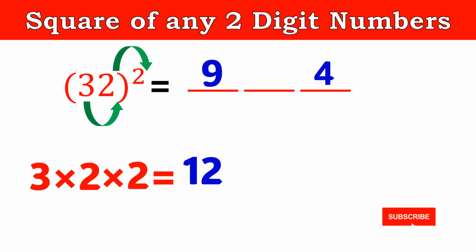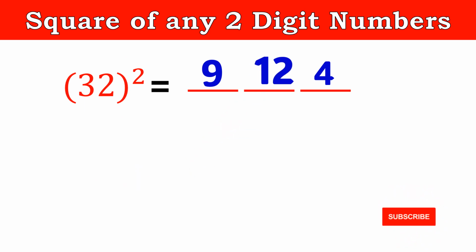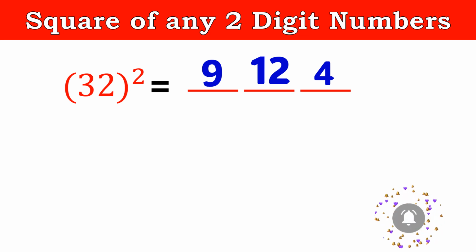But the interesting thing is, 3 times 2 times 2 is 12, and 12 is a two-digit number. So, when we're calculating the solution, we're going to carry over. So, let's take a look at what we have so far. The first part is 9, the middle part is 12, and the last part is 4.